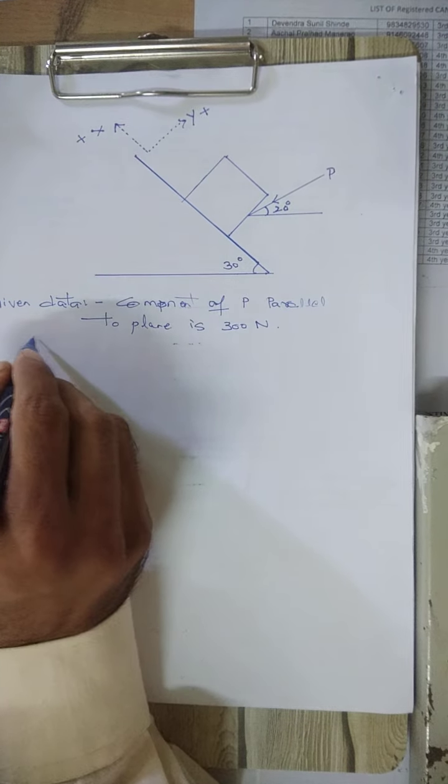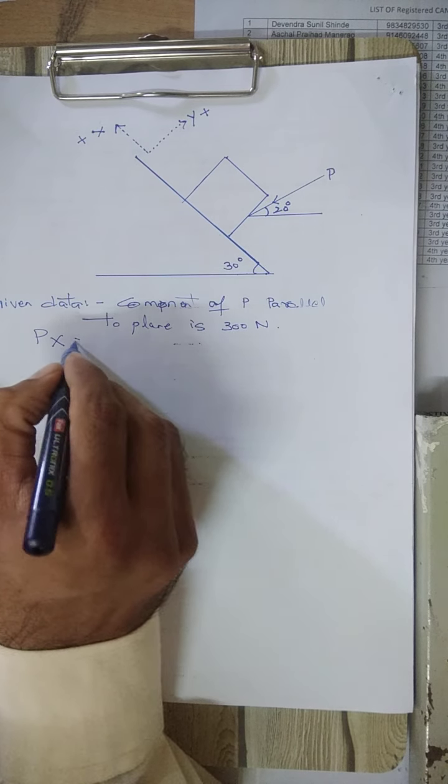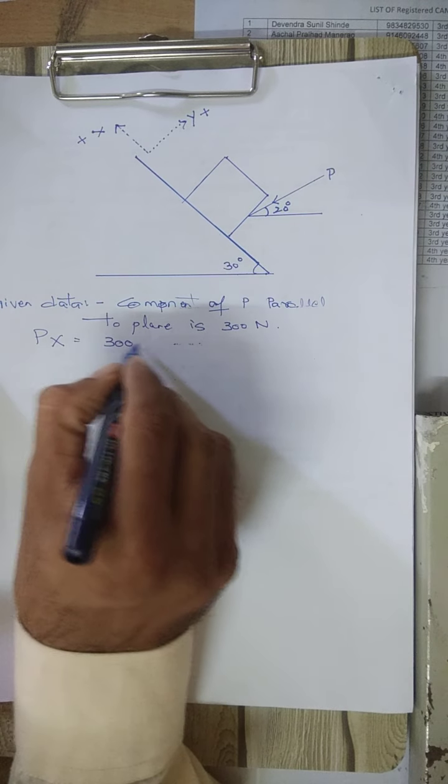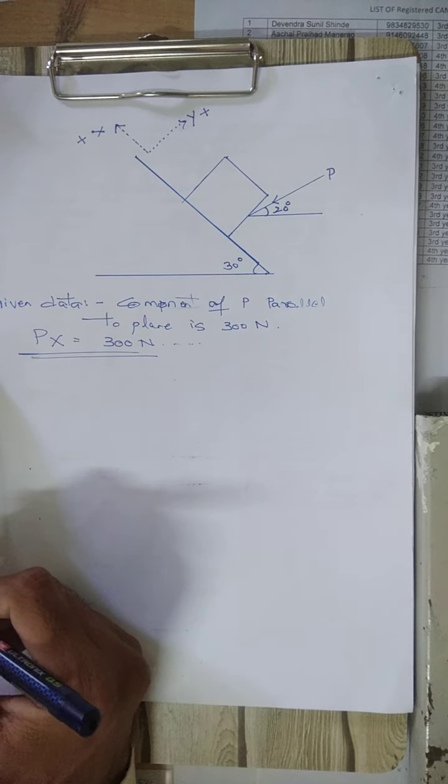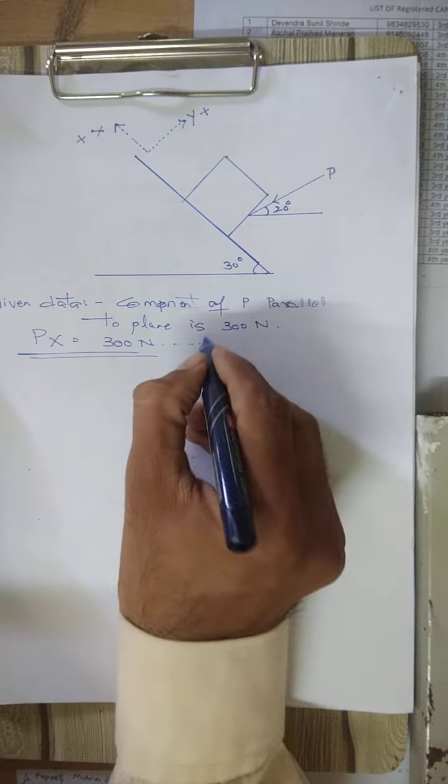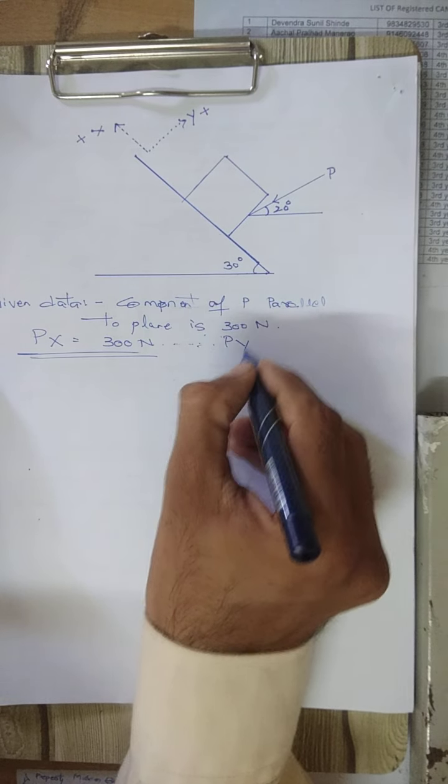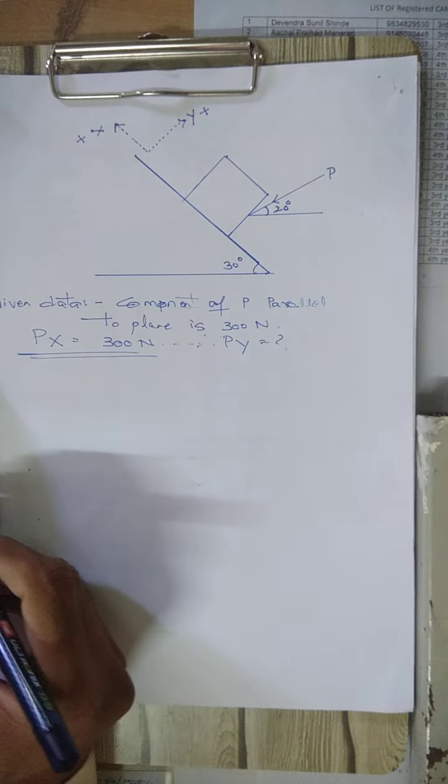That means Px equals 300 Newton. This is given, that is the x component is given. We have to calculate the y component. The y component is to be calculated.